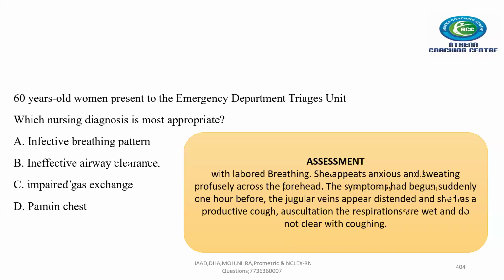Okay, so the patient has labored breathing. She is anxious, sweating excessively, and it just started 1 hour ago. And the jugular vein appears distended, and she has a productive cough, but the respiration is wet, and nothing is coming out. So it can be a dry kind of cough, no expectoration. And which nursing diagnosis is most appropriate?